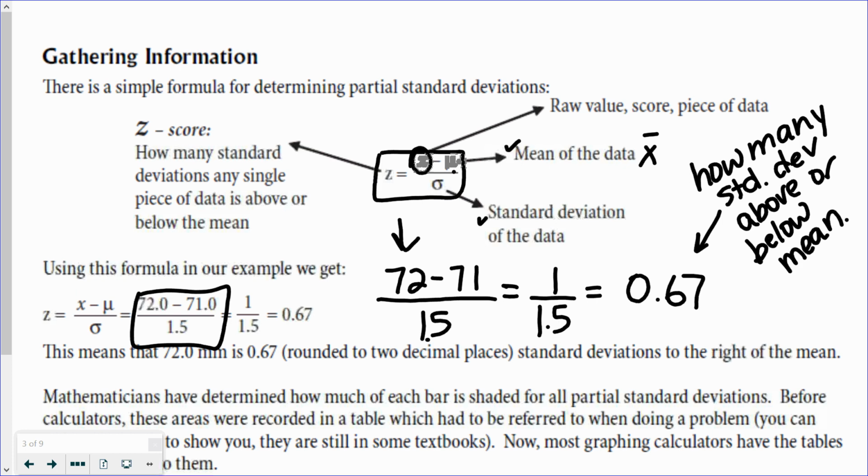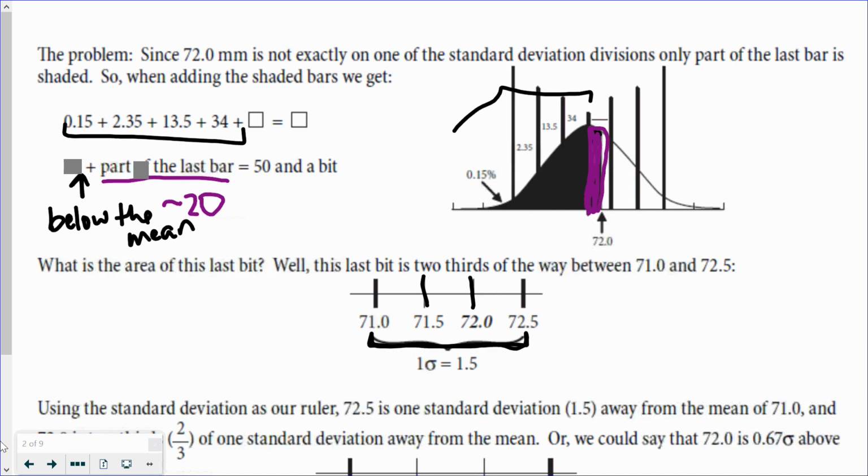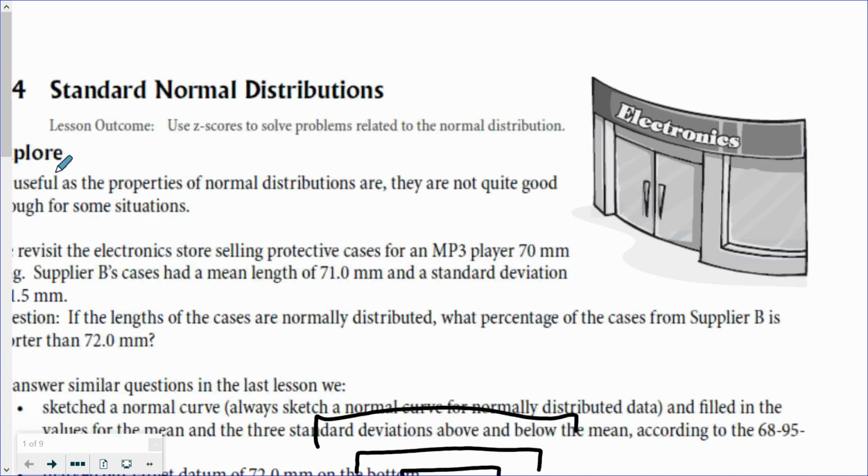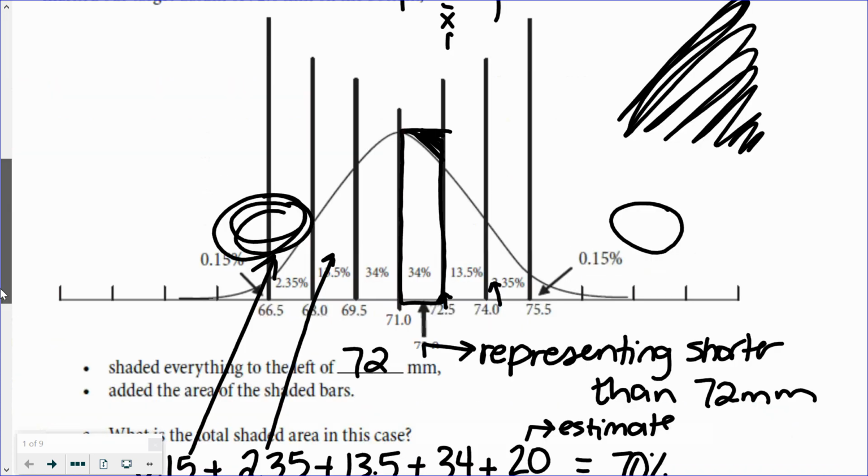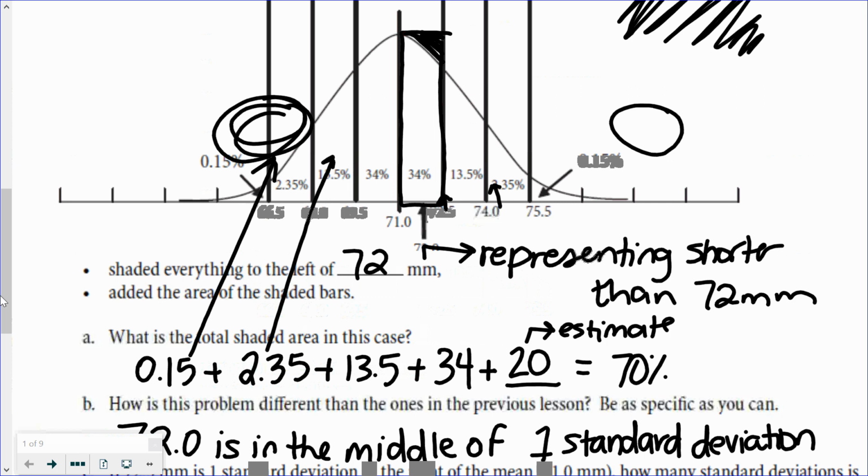So sometimes you can get a negative number, because if we look at a normal distribution, I'm going to flip back 2 slides and erase everything that I've scrawled.